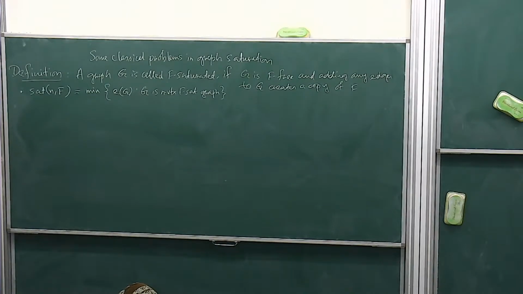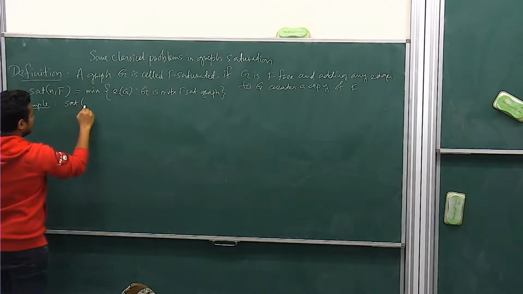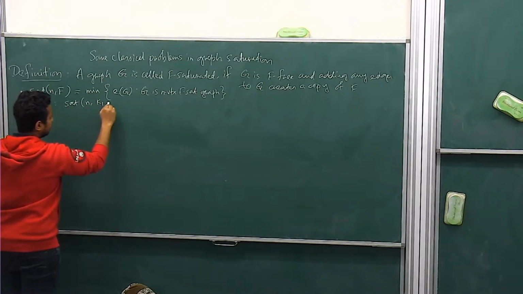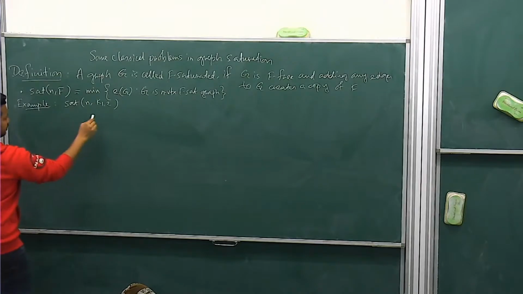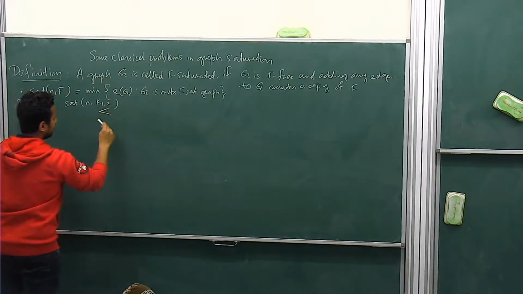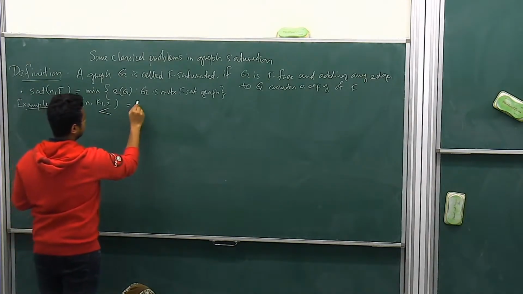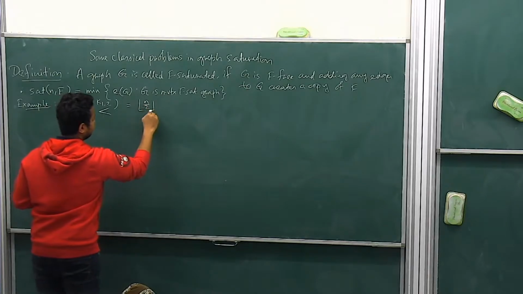So let's do a small example. For example, sat(n, K_{1,2}). K_{1,2} is just this graph. This is n over 2.